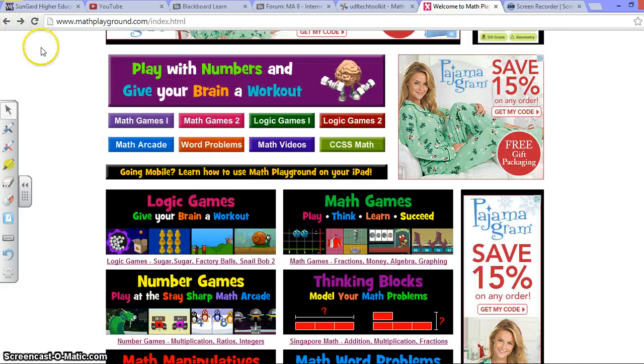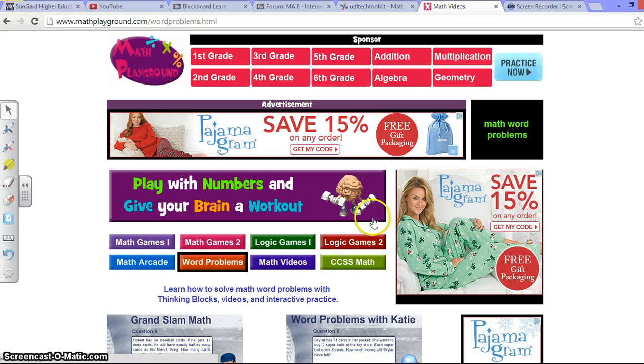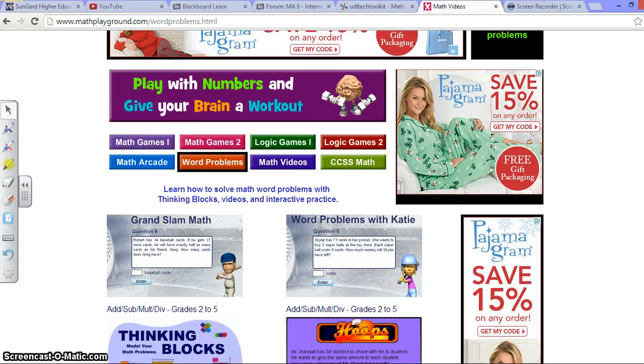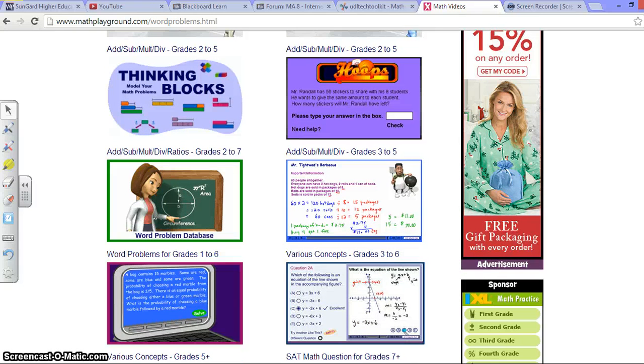Next, I'm going to choose something else along the top. Let's try word problems. As it lists the word problems, there's a list of more games here. They have thinking blocks, word problem database, they have the grade levels.